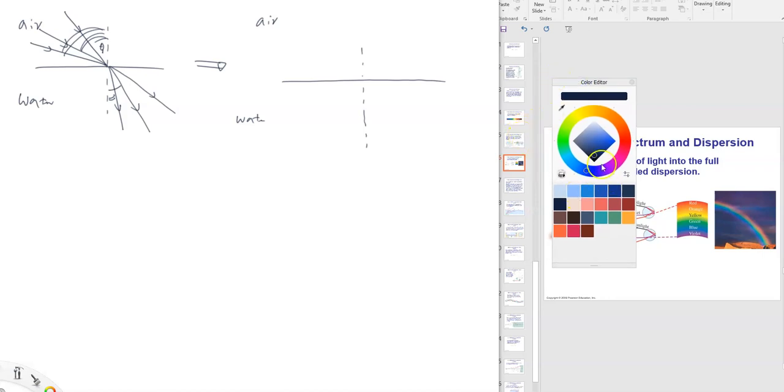Alright, let's use this color. Here we have theta I, and here's the respective theta R. I'm going to increase the angle.